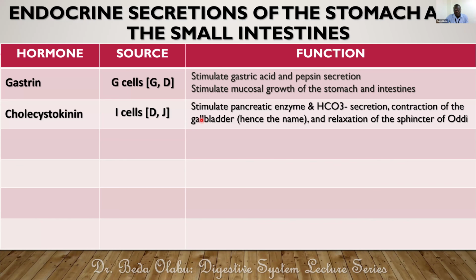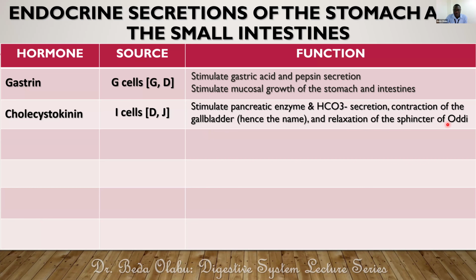Its name was given because of its role in causing contraction of the gallbladder. Well, that's not the only function. The other functions we know are that it stimulates production of pancreatic juice, particularly the enzymes and the bicarbonate from the pancreas. It also stimulates relaxation of the sphincter of Oddi.